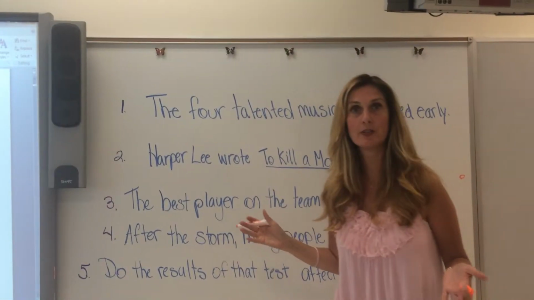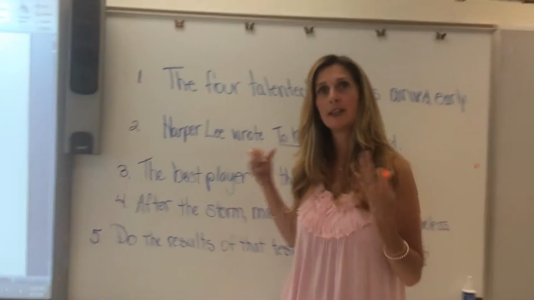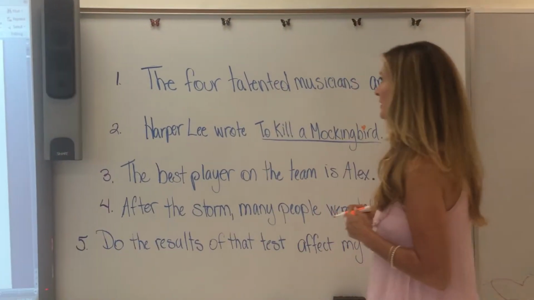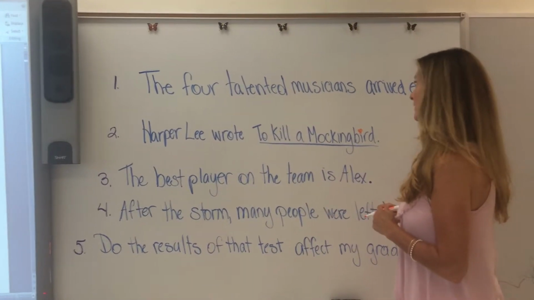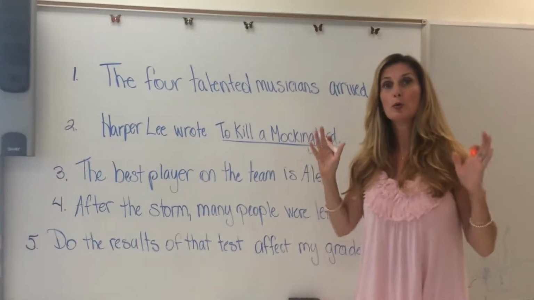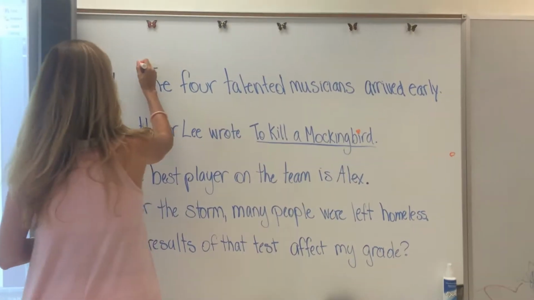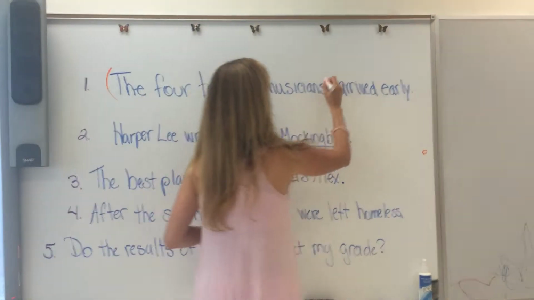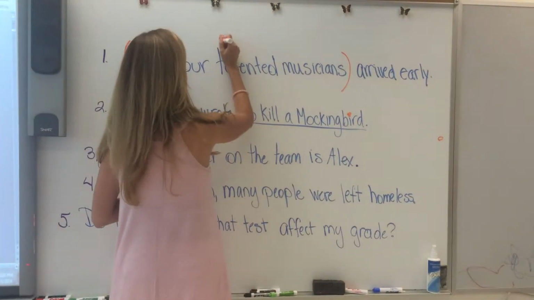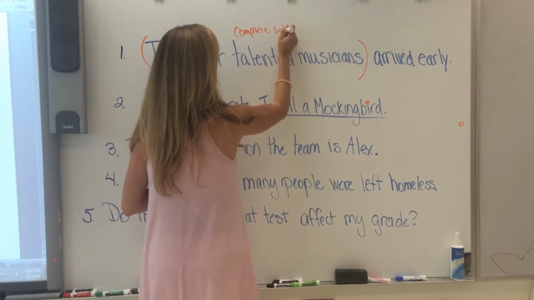All right, so here are some sample sentences. I find that when we do sentences like this on the board, it helps with the understanding a little better. So let's see how you do. First sentence. The 4 talented musicians arrived early. Who or what arrived early? The 4 talented musicians. In parentheses, that's going to be our complete subject.